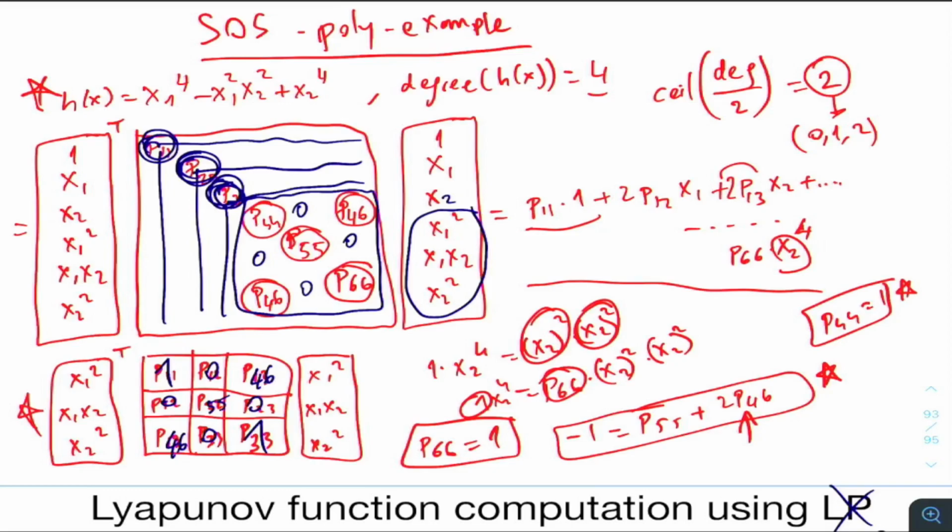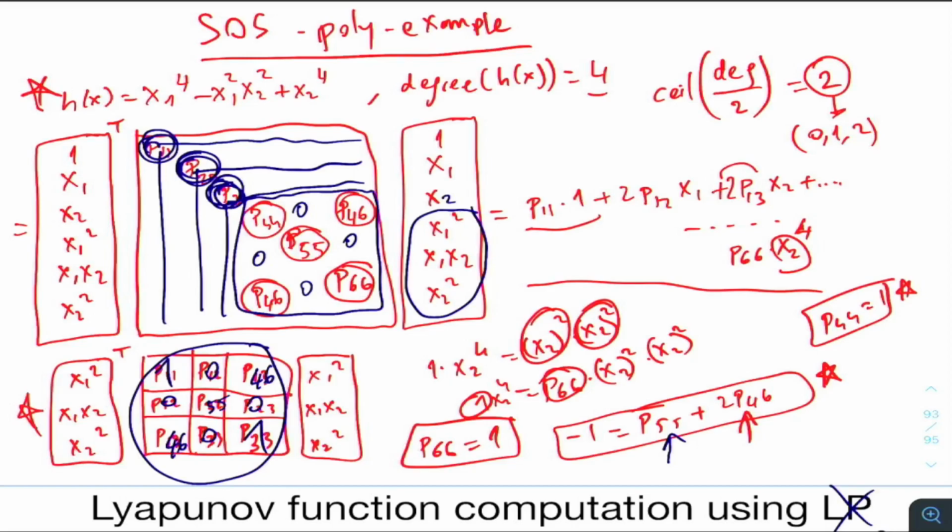Okay, we have only 1 degree of freedom. For example, you can tune only P55, right? For some P55 values, you would have a non-positive matrix. But for some P55 values, you would have this matrix be positive definite.